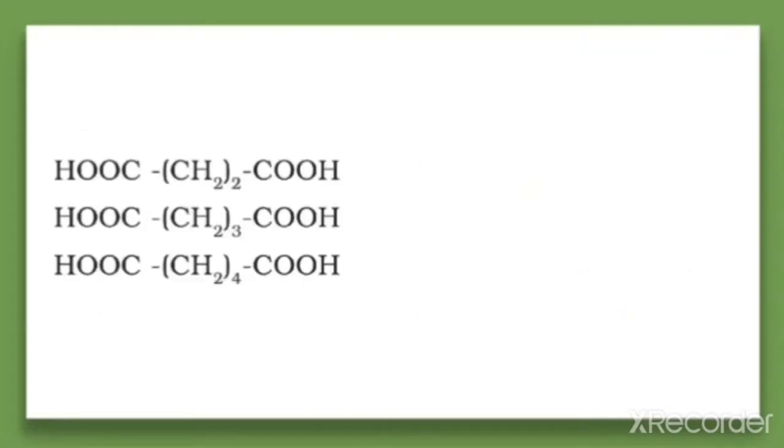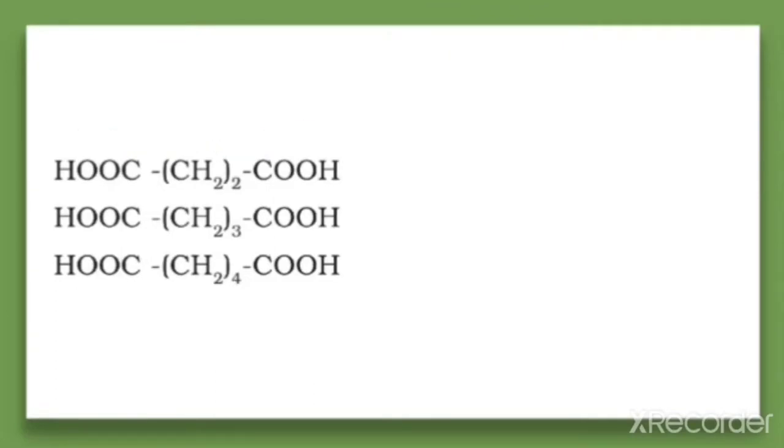Next we'll take some other examples. In these examples we can see that there are 2 acidic groups, that is, 2 carboxylic acid groups. As the carboxylic acid groups we have to take in the main chain, when you see the first example, there are 2 carbons in between, so it is written in brackets, otherwise we can write it this way: COOH, CH2, CH2, COOH.